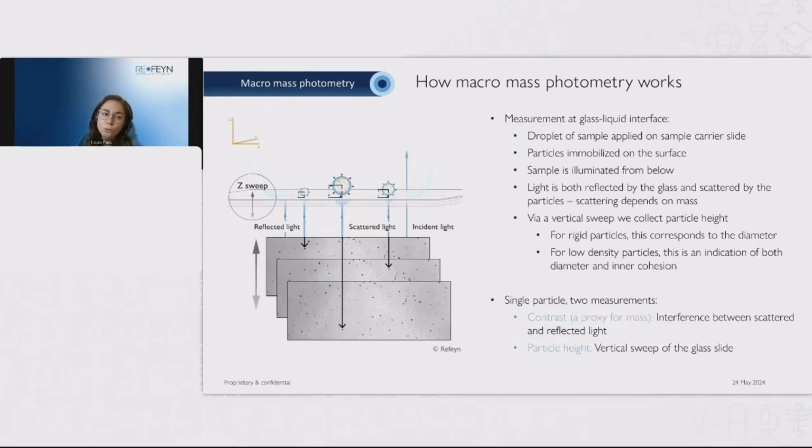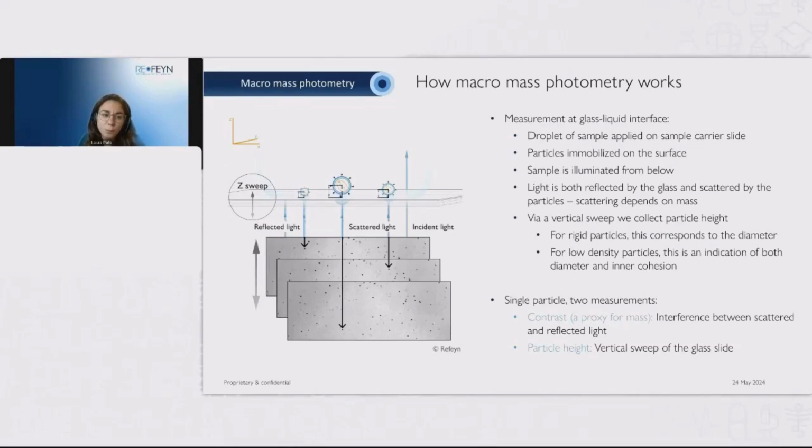And what you do is you send a light source from below, and you collect the light which is scattered by single particles, which is interfering with the light reflected from the glass surface. This signal is called scattering contrast, and is related to the particle's mass and refractive index.